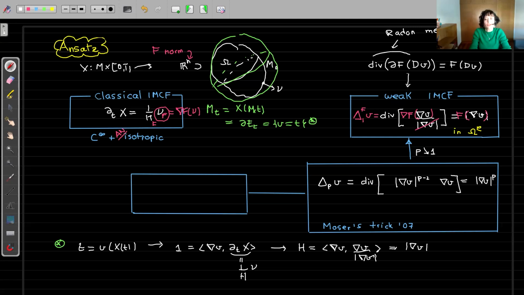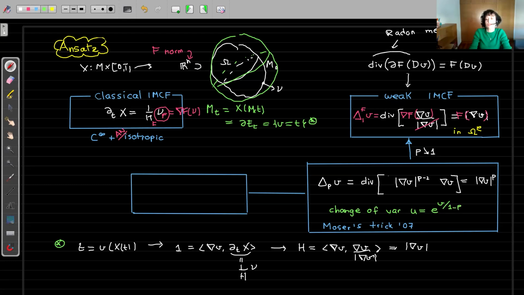So if you study solutions of this p-Laplacian equation, and then you make a change of variable, Moser's trick is in two steps. First, consider this equation, and then make a suitable change of variable: u equals e to the power of minus v times 1 minus p. I need a negative exponent, so if p is bigger than 1, then 1 minus p.